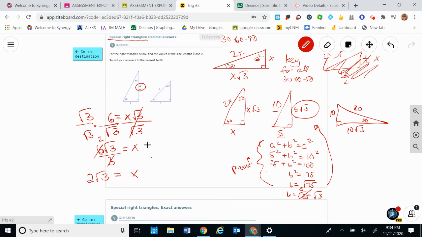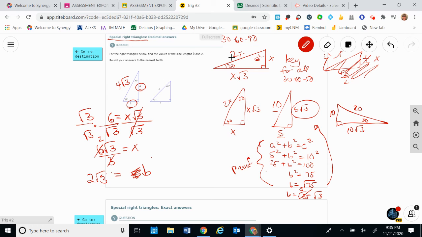That means that b in this example is equal to 2 root 3. x is equal to b. It's right here. And then if b is 2 root 3, this side is twice that. So it's 4 root 3. It's twice 2 root 3. Okay, so that's really cool.